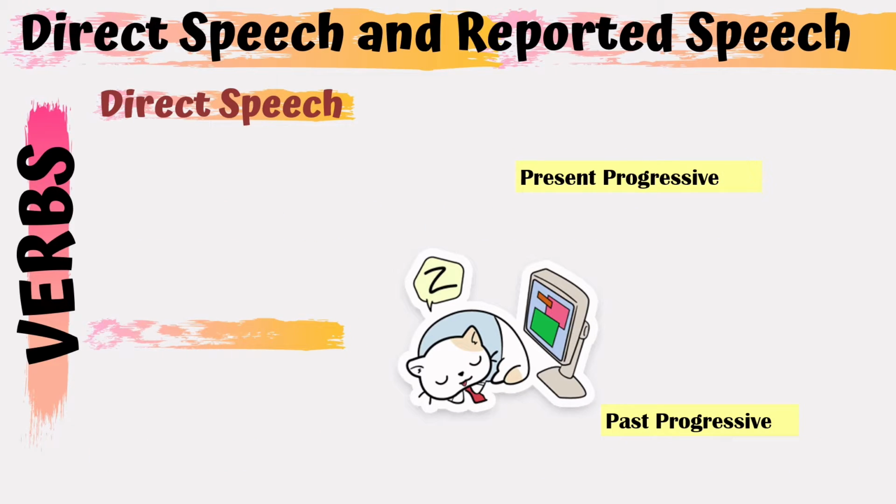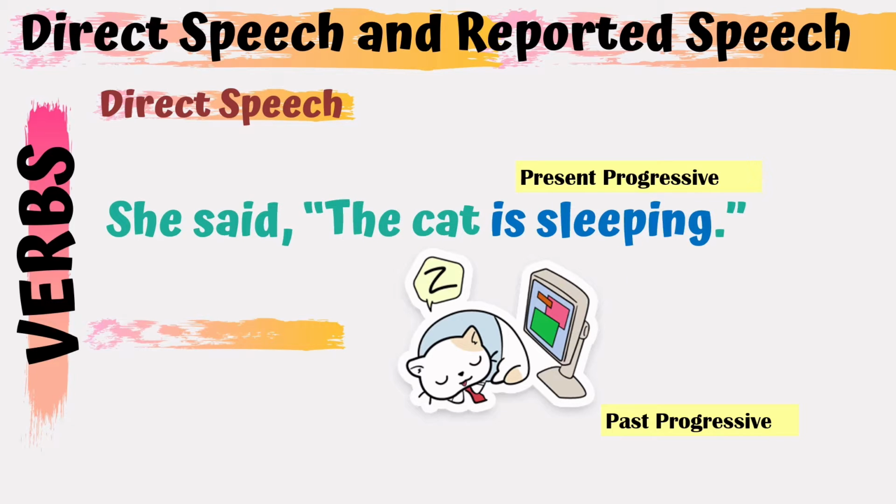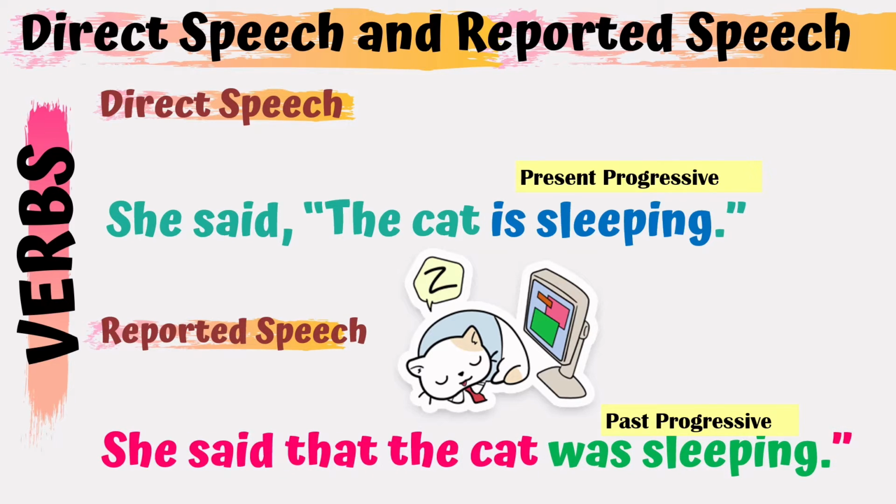If the direct speech is in present progressive like, she said, "The cat is sleeping," the verb in reported speech will be in the past progressive form. Our reported speech will be, she said that the cat was sleeping.